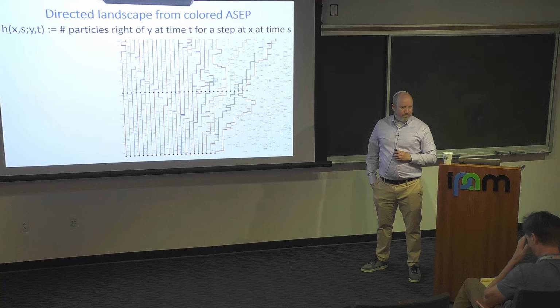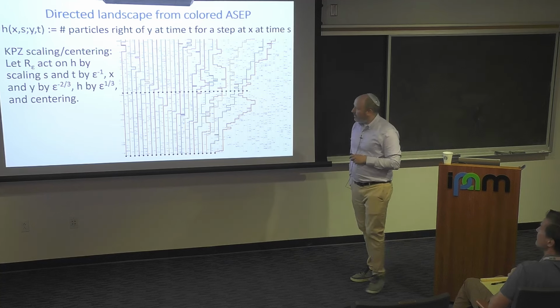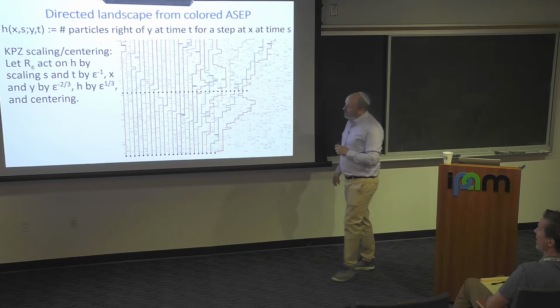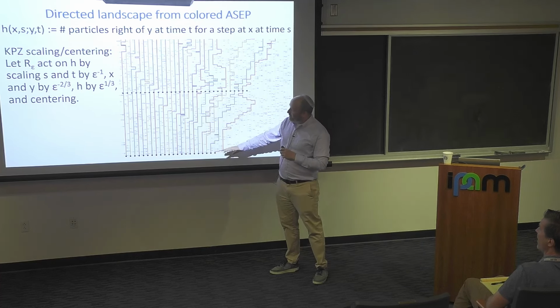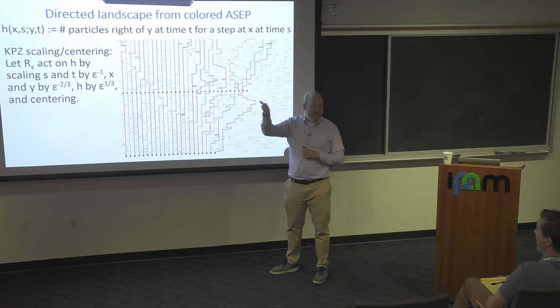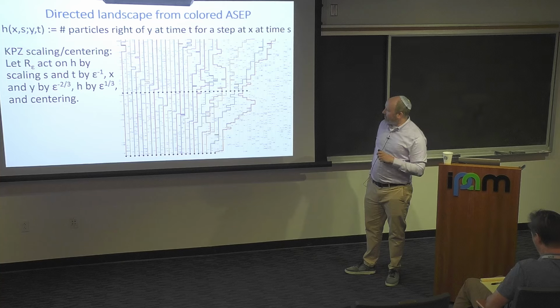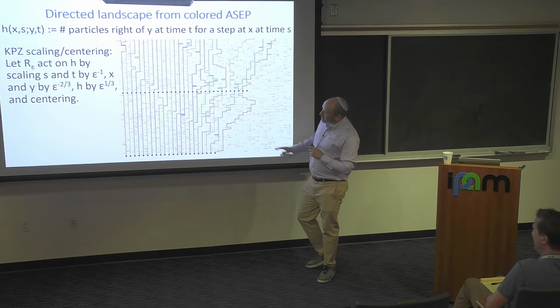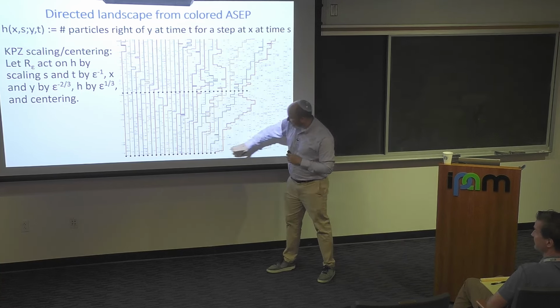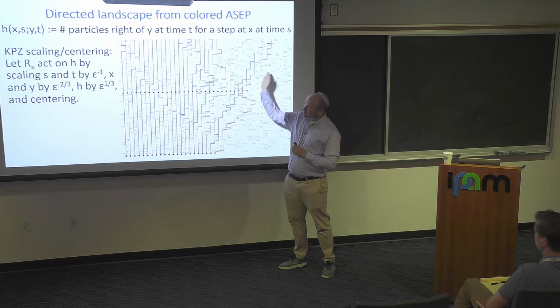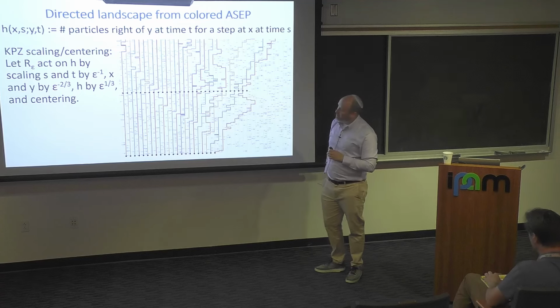Now I define a renormalization operation, in which I take my time and scale it like epsilon to the -1. That was like the n that I had in the previous picture of this variational metric. And I scale my x and my y by epsilon to the -2/3. So the location at which I'm putting my step and the location at which I'm measuring are scaled transversely like epsilon to the -2/3.